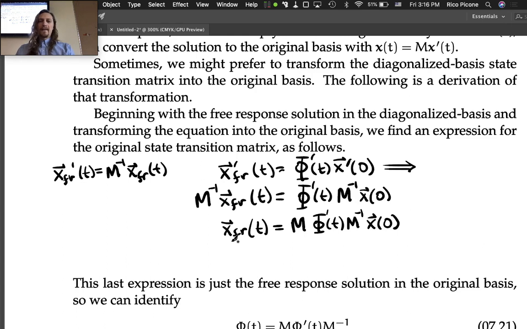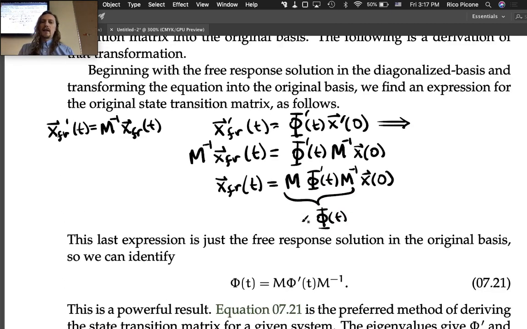Left multiplying by m canceled this m inverse. So this is the free response in the unprimed basis, and this is the unprimed initial condition. Therefore, by the form of our derived free response, this is the state transition matrix of the unprimed system in the unprimed basis.